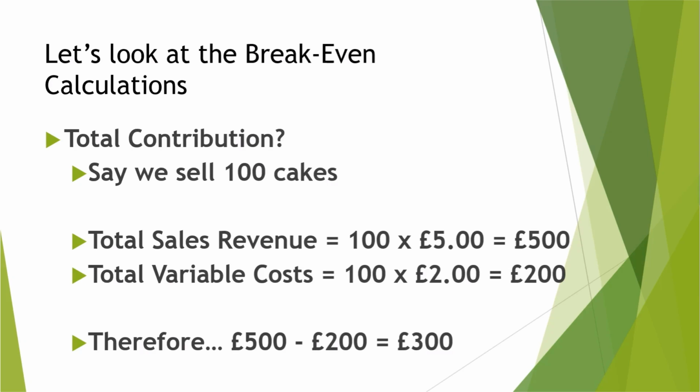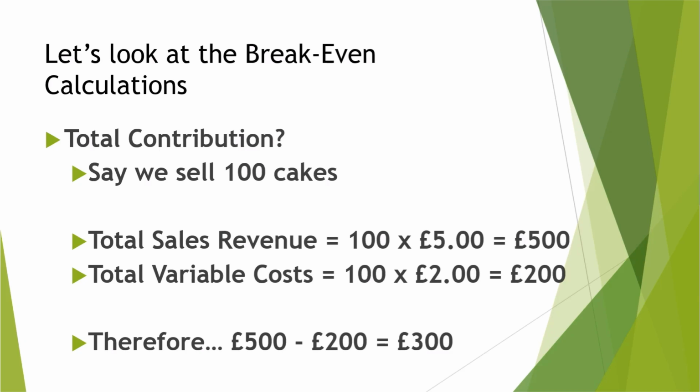If I wanted to calculate my total contribution, we'll use an example. Say we sell 100 cakes. I would take my total sales revenue, which is 100 cakes, multiplied by my selling price of £5, which would equal £500. I would then look at my total variable costs, which would be 100 cakes, multiplied by the £2, which is my variable cost per cake, which would equal £200.